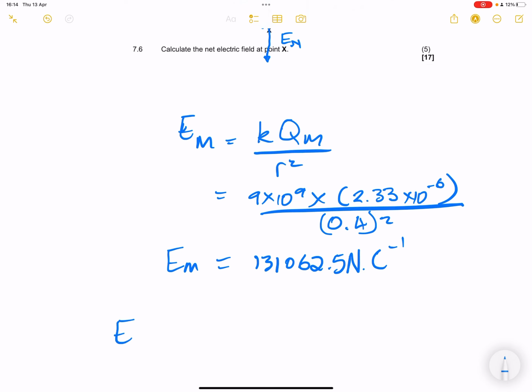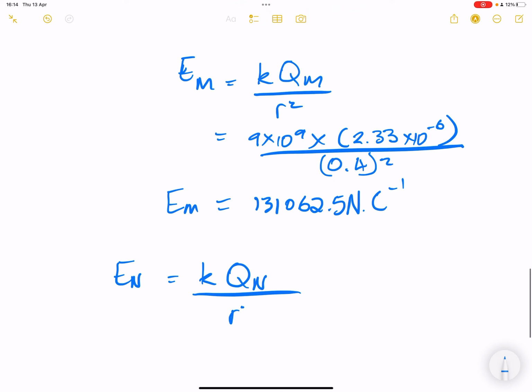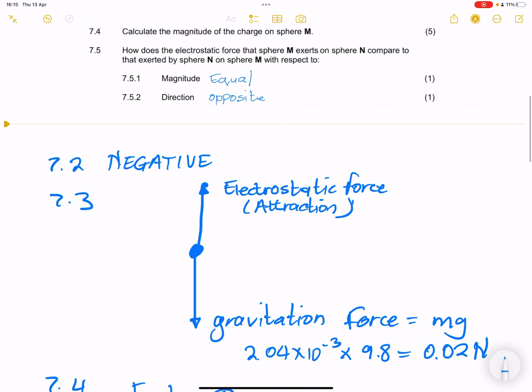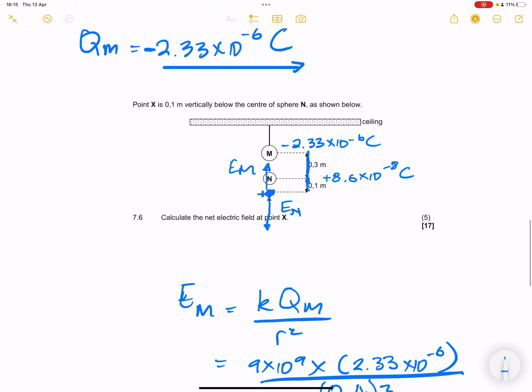And when I look at EN, that's going to be KQN over R squared. Now, please keep in mind, we said this one is going upwards. In this case, that's going to be the same thing, multiplied by the charge of N, which was 8.6 times 10 minus 8, divided by the distance between, they have passed it now.